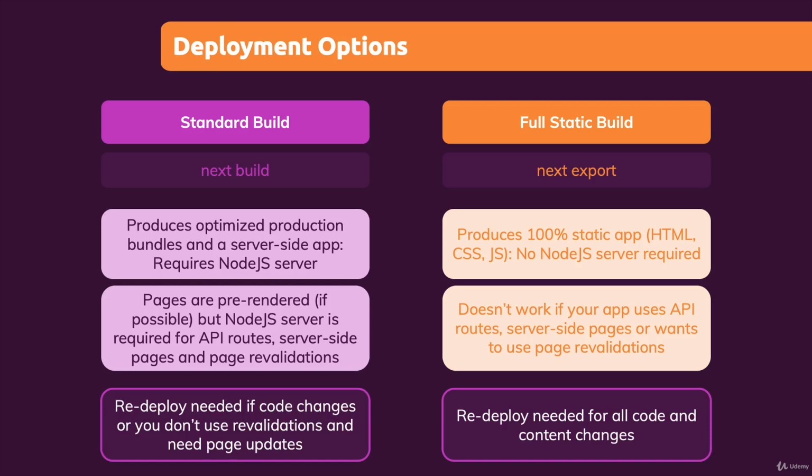You need to rebuild all the pages again. Again, that might not be a disadvantage. That can be perfectly fine for a simple blog, for example. There, you add a new blog post every week, you do a redeployment every week. Not too difficult, just one step. And then next export can be a great option.